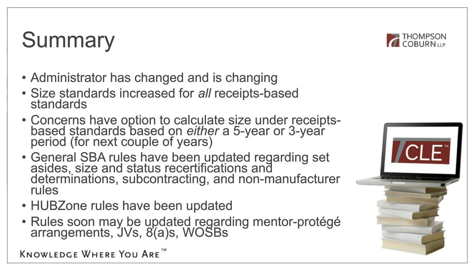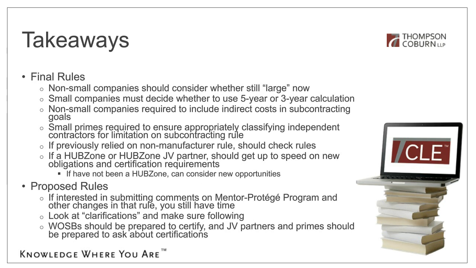This is really here for you, just as a reminder of what we mentioned, and then some takeaways of things that you can and should think about potentially if you are a small business or if you are a large business that does work with small businesses. Just some things to think about.